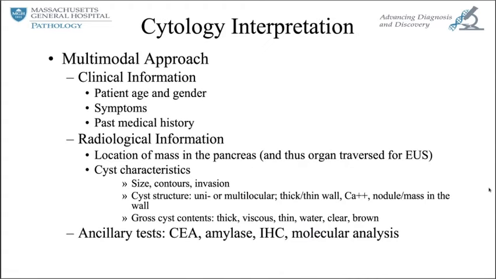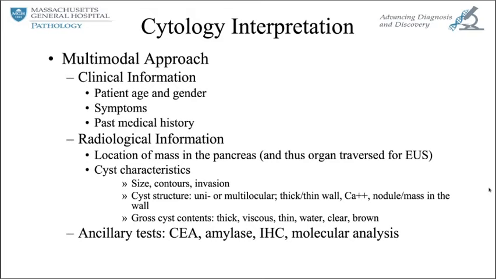And we will use a multimodal approach that incorporates the clinical information, including patient age and gender, the symptoms that the patient may have, and importantly, past medical history. Radiological information is really important. Where is the cyst located? And what organs were traversed to get to that cyst?